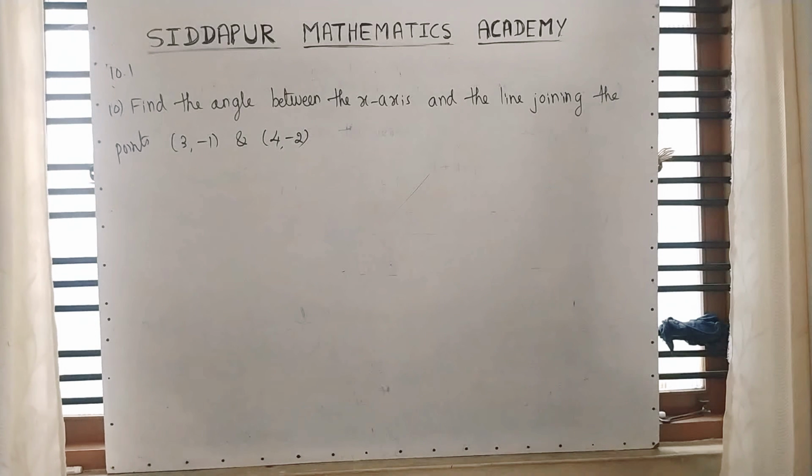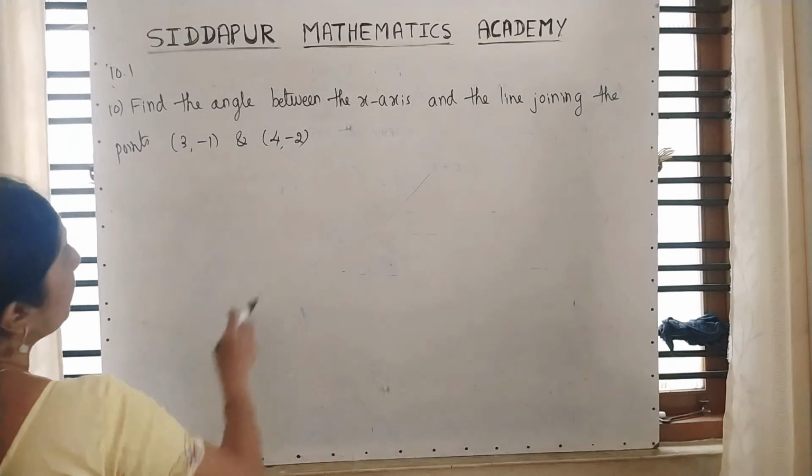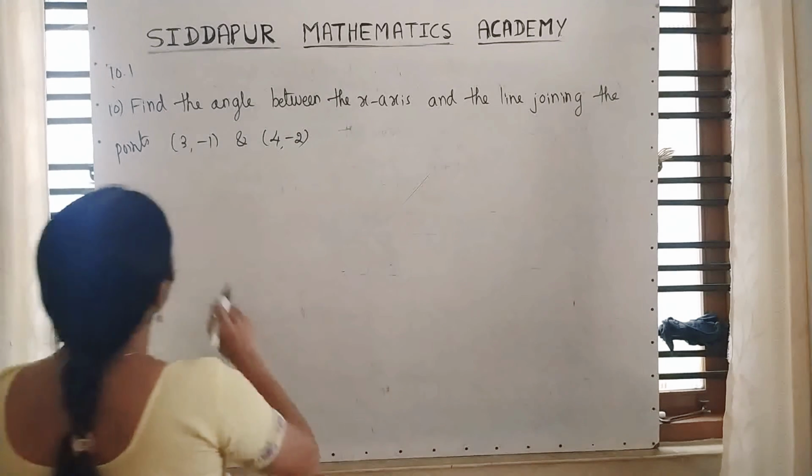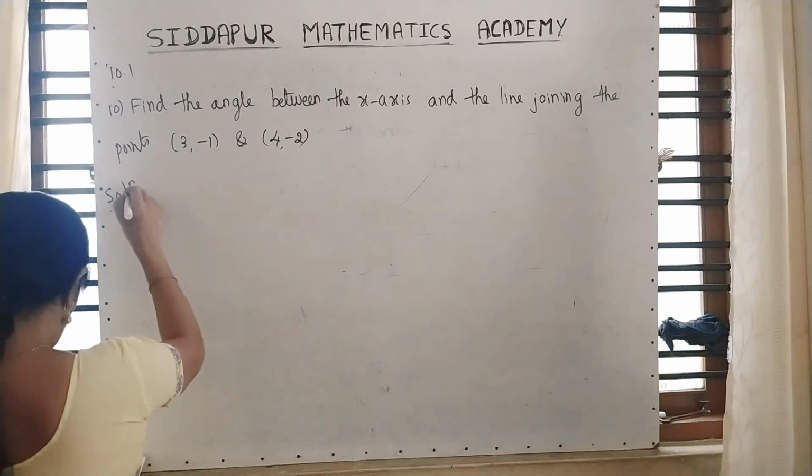So very simple it is. Find the angle between the x-axis and the line joining the points. Write the solution.